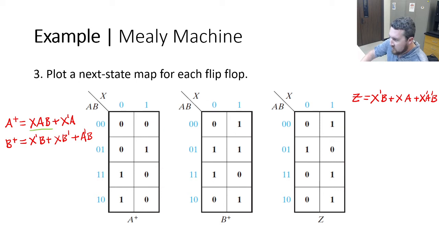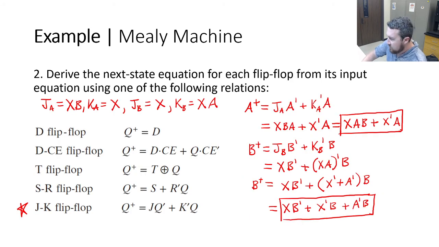We must have. Let's go back and take a look. Ah, that's because it's JA. Yep, you're absolutely right, Megan. Good job. So it's J and A prime, which means that should be A prime.